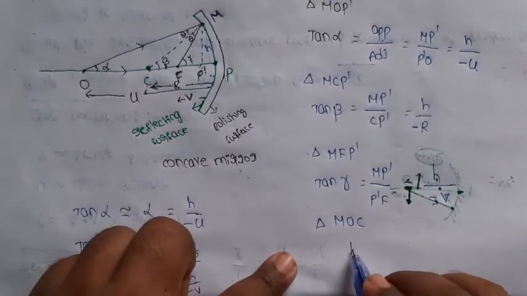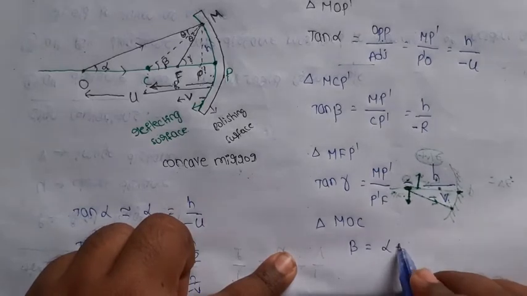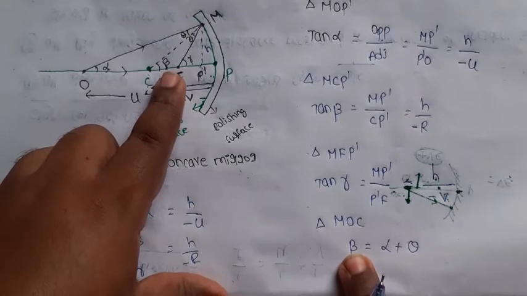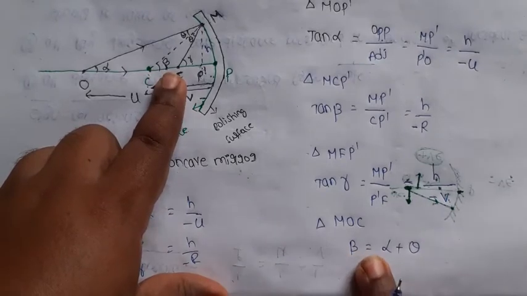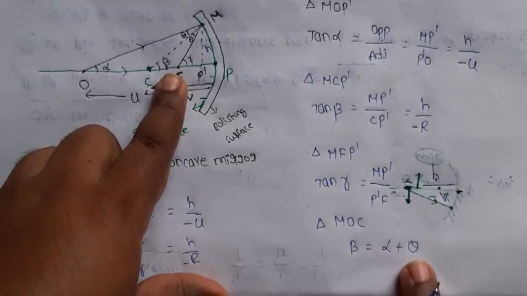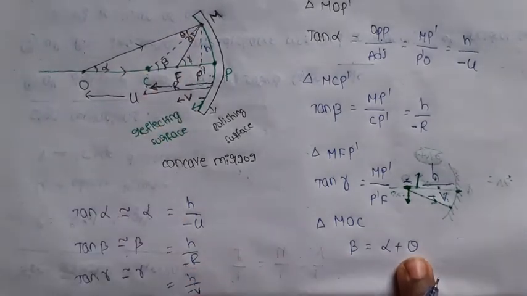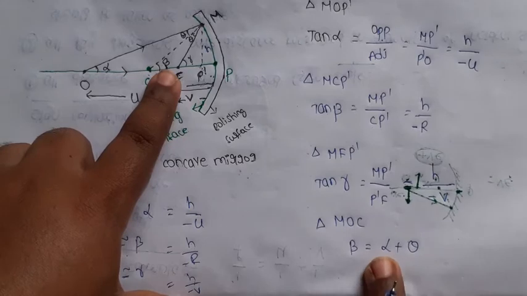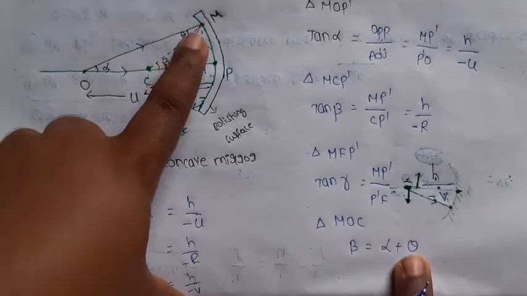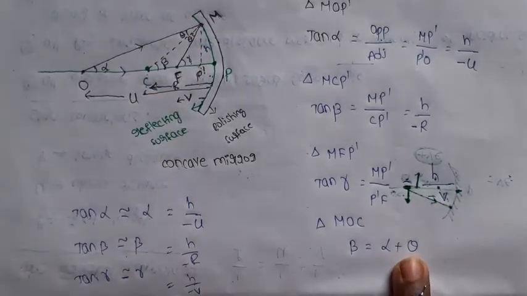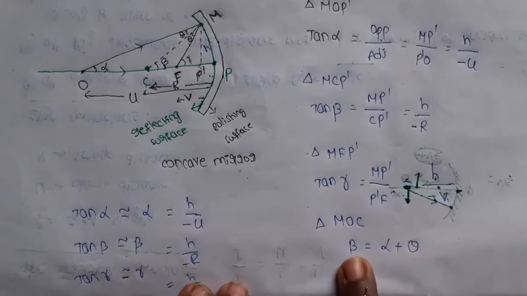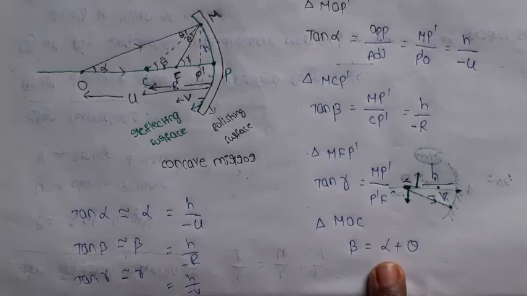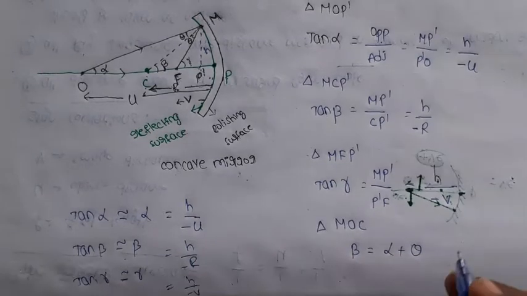According to triangle rules, the exterior angle is equal to the sum of the interior angles. This is equation 1.